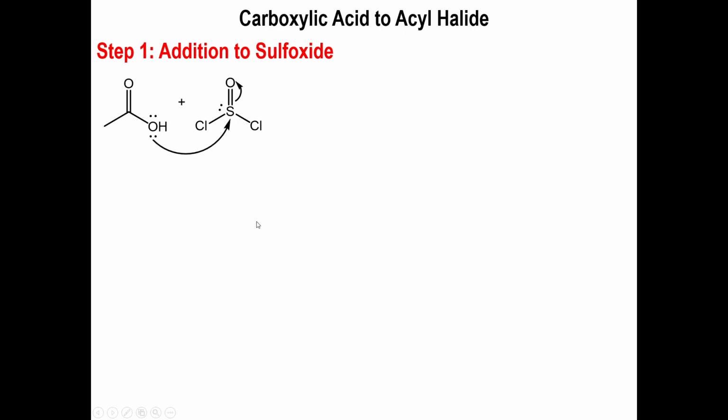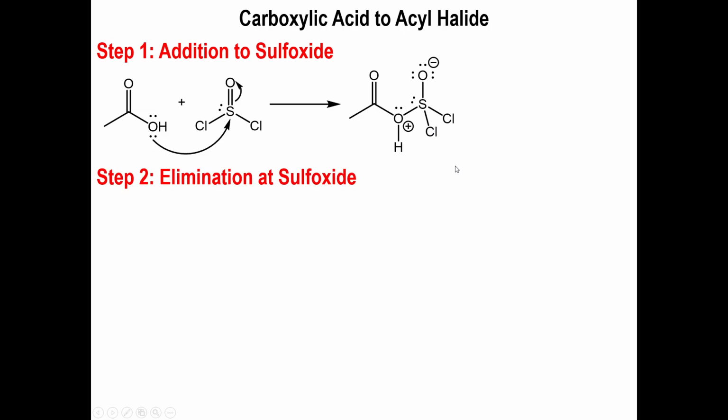That opens up that bond, turns into a single bond. And the newly formed adduct, because of the presence of really good leaving groups, aka the chlorides, the reformation of that sulfur oxygen double bond takes place, kicking away one of the chlorides in the process.